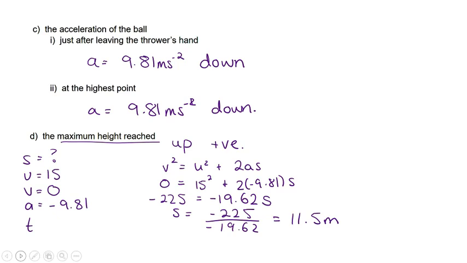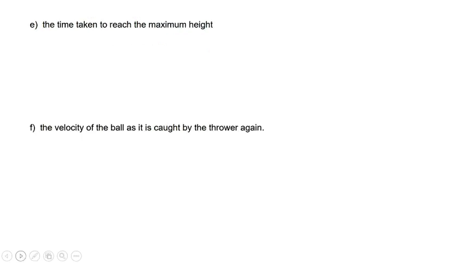Okay, next. The time taken to reach the maximum height. So again, I'm using the same SUVAT. We do have s now, it's 11.5. u was 15, v was 0, a was negative 9.81. And again, I can use whichever equation I want, and luckily t is in my favourite equation, v equals u plus at, so I'm going to use that one.